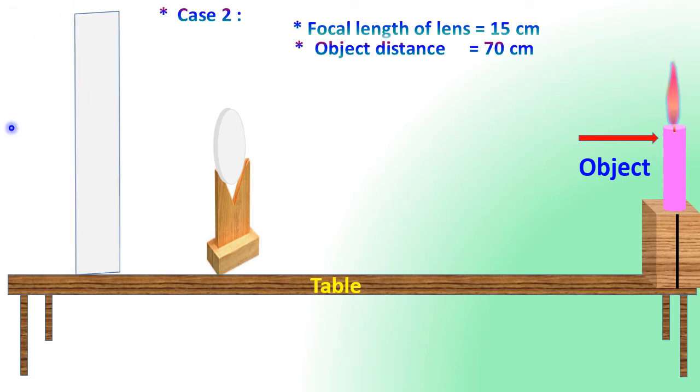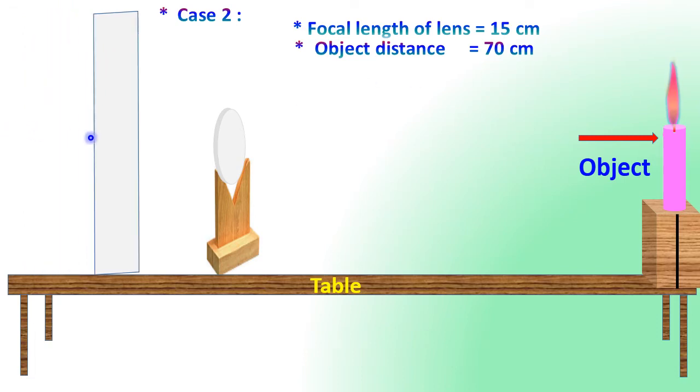Next, I am bringing the screen slowly towards the lens until I get a clear image on it. Right. So here the image has been formed clearly on the screen at this point. See how this image has been formed.